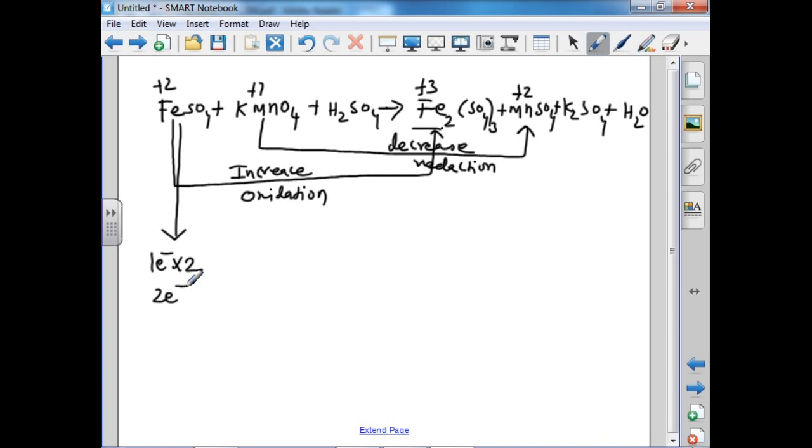The next one, what is the difference between Mn in KMnO4 to MnSO4? 5 electrons. 5 electrons multiplied by how many atoms in the reaction? That is 2 atoms. So 5 into 2 equal to 10 electrons. So cross multiply.